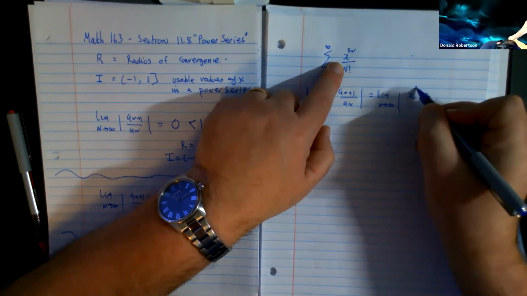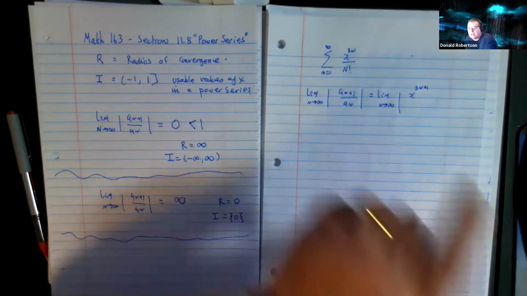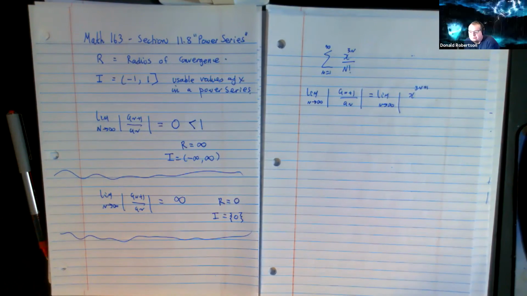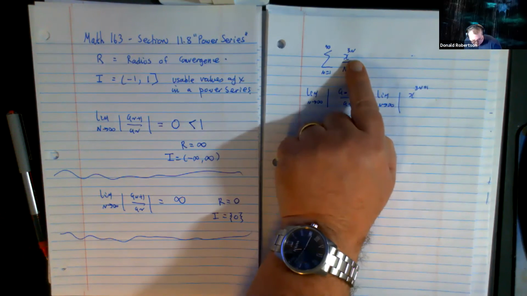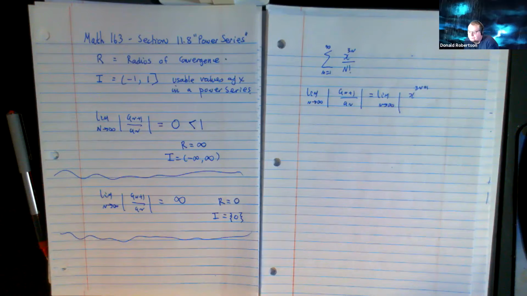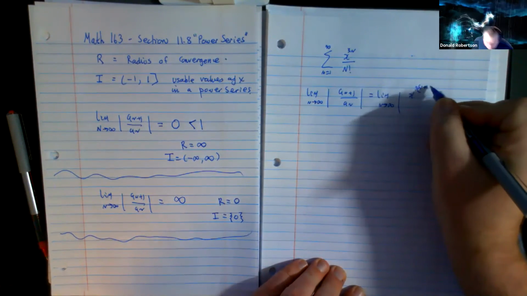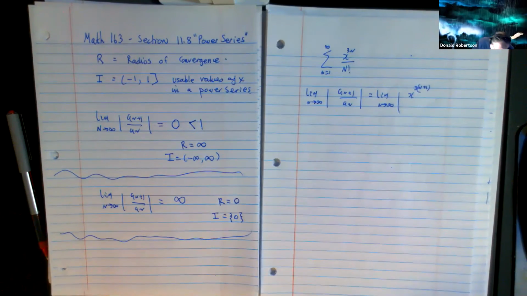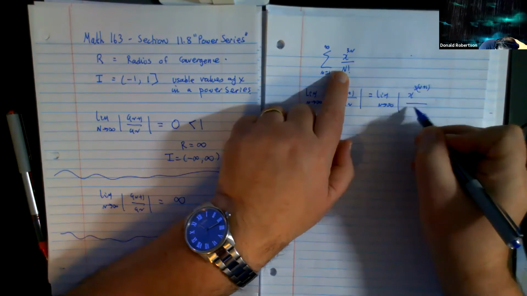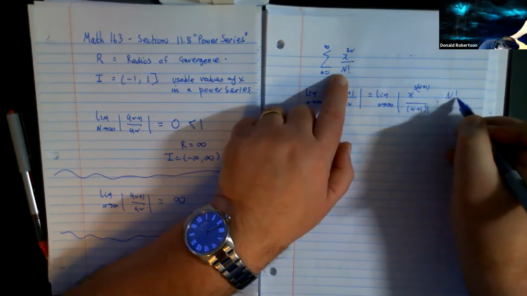Okay, I'm going to have x to the 3n plus 1. Now, that's not correct. (3n) doesn't get you 3n plus 1. What have I missed? Parentheses. And n factorial, well, that's okay. Then turn me upside down.